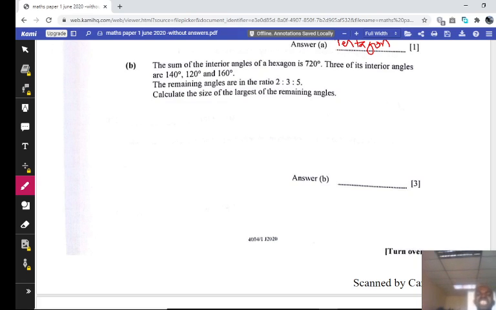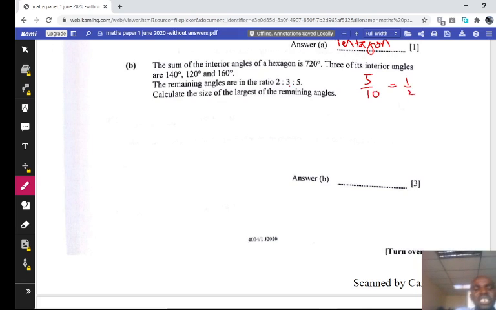So you can find the total of the remaining angles. Then use ratios to find the size of just one, because you want the largest, which is 5. The total ratio is 2 plus 3 plus 5, which is 10. So the largest is 5/10, which is equal to half.